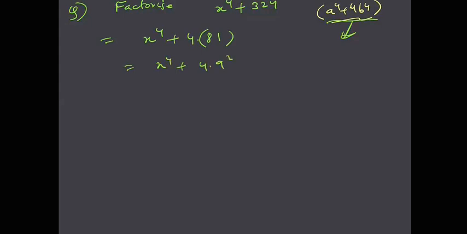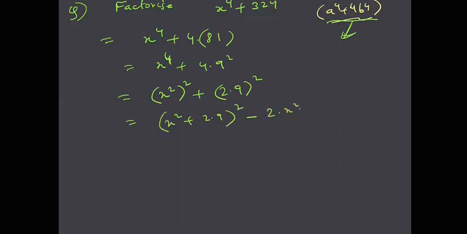Now once this is of the form a power 4 plus 4b power 4, we know that this can be factorized. The way is, you can write this as x square whole square, and this you can write as 2 into 9 whole square, right? Then a square plus b square, you can write it as a plus b whole square minus 2ab.